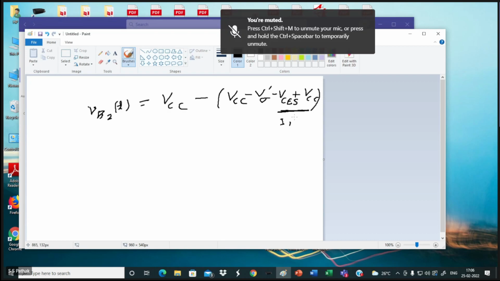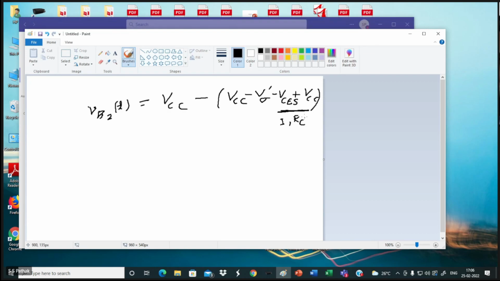That by that there was a drop. This is nothing but I1RC. There is a negative sign here. Okay, it was dropped by that. So it is your, how to say that? I think I write one more step, then it will become clear. Let me write one more step, okay?